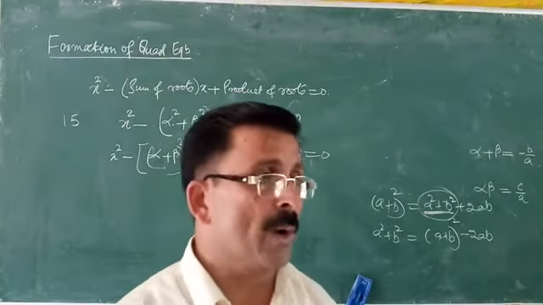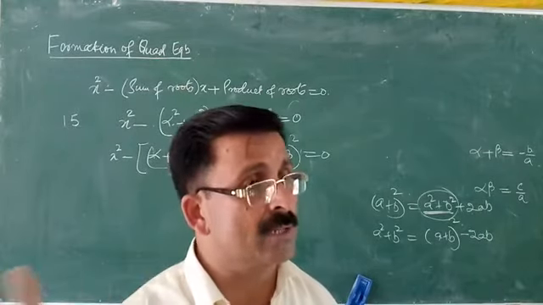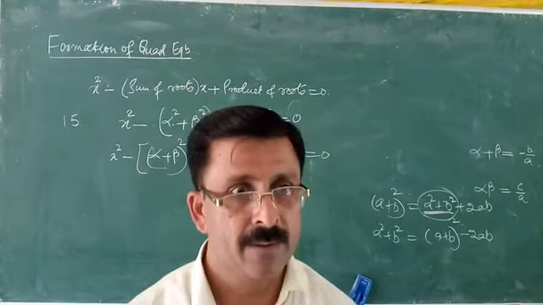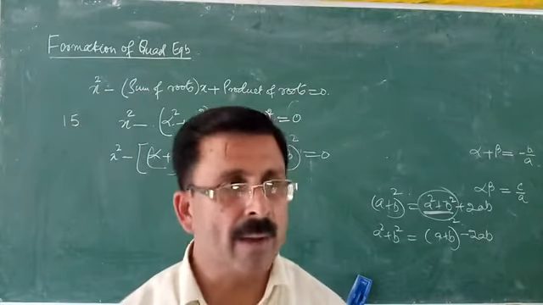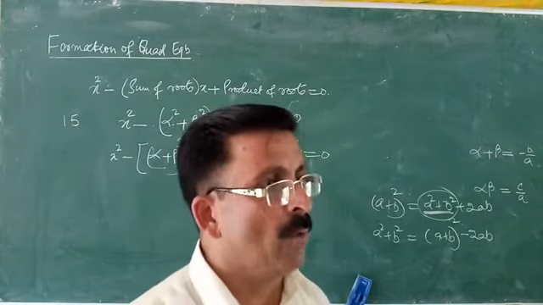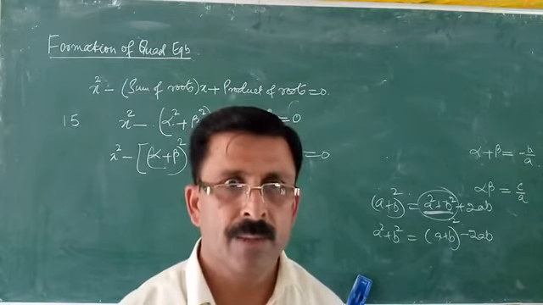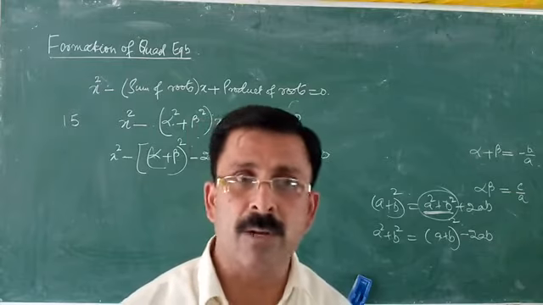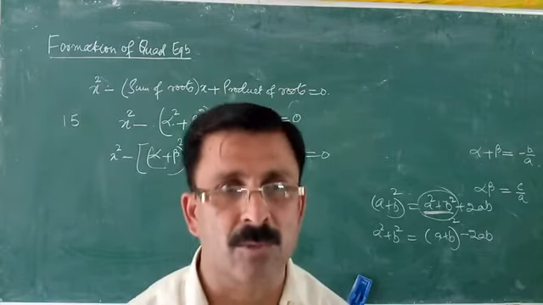See, just now what I am doing is I am only trying to show you what will be your equation, the equation that you are going to create. How you will create that I will teach you now. Just now I am trying to only visualize for you what will be the structure of your answer. The question says, write down a quadratic equation whose roots are alpha square and beta square.